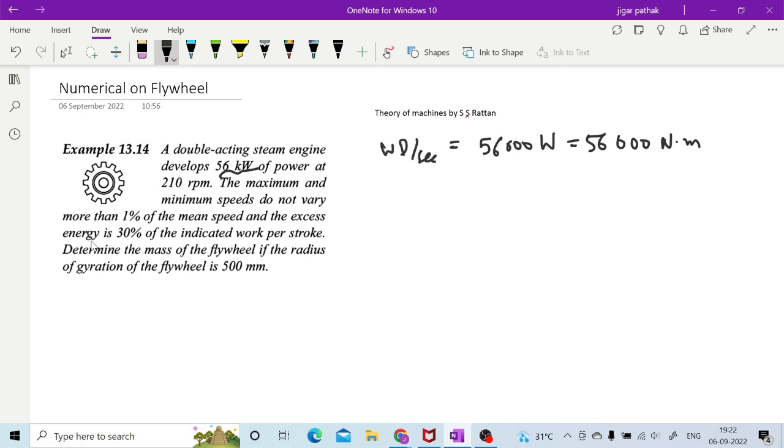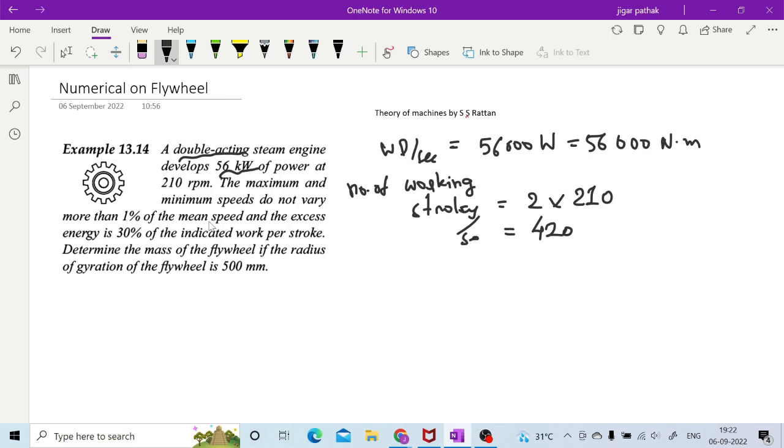And here number of working strokes will be equal to 2 into 210, because it is double acting. So that is why the number of strokes will be 420 per minute, right? It is actually rpm, so here it is per minute. So if you divide it by 60, then it will be per second.